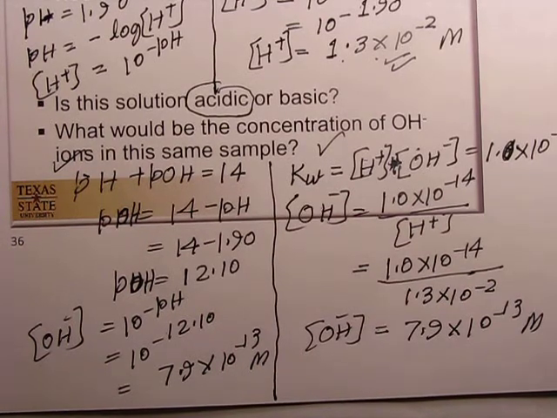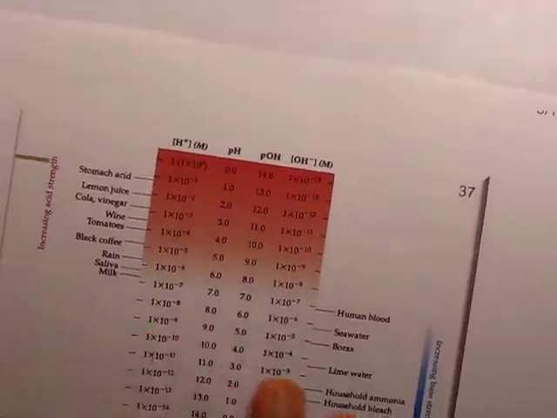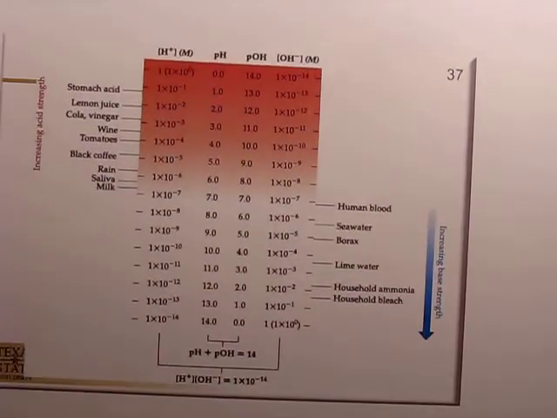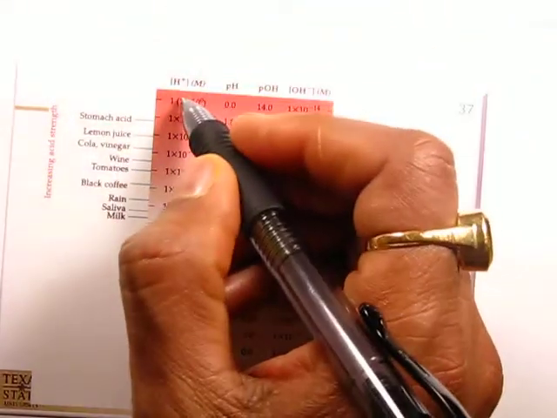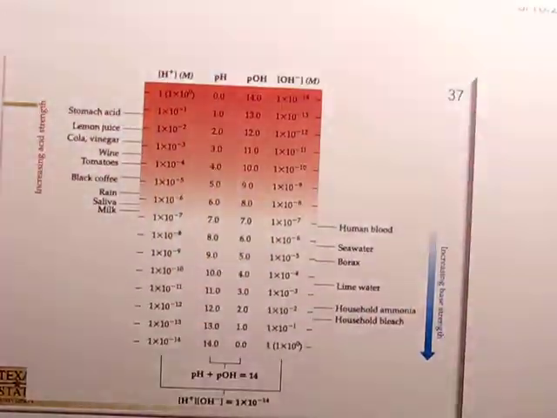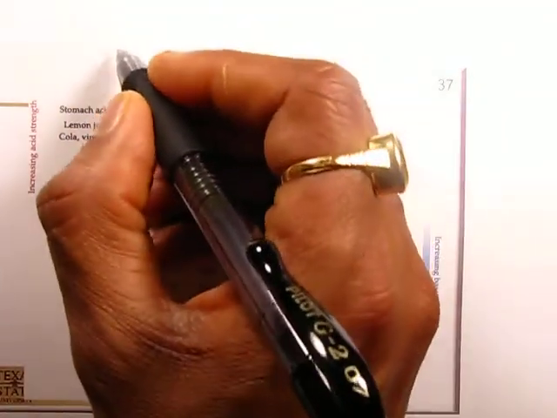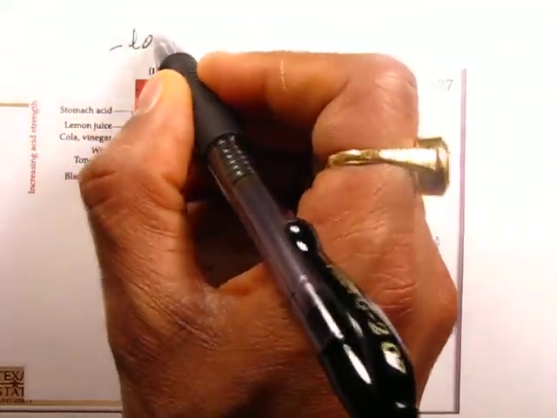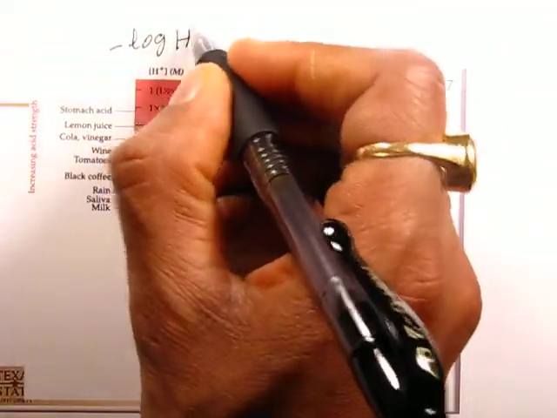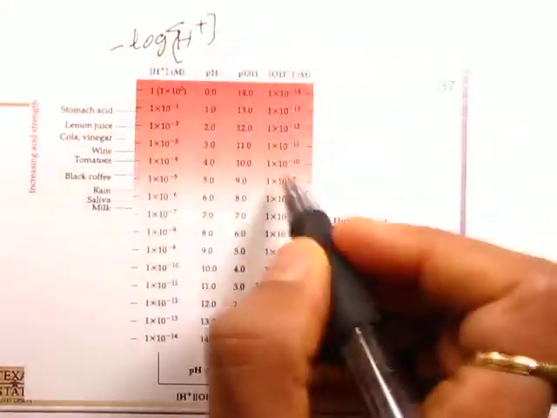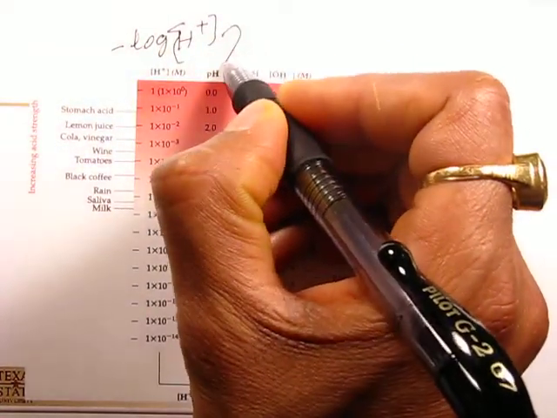Here I would like to show you one interesting thing. Using this chart, if we know the hydrogen ion concentration, we can take the negative log of it, and then we will reach the pH.